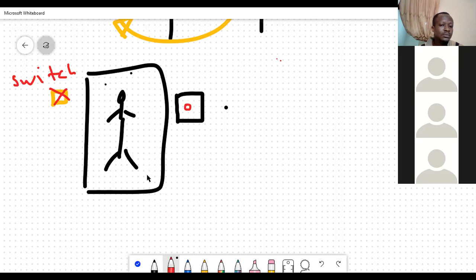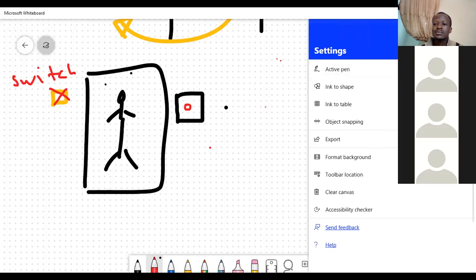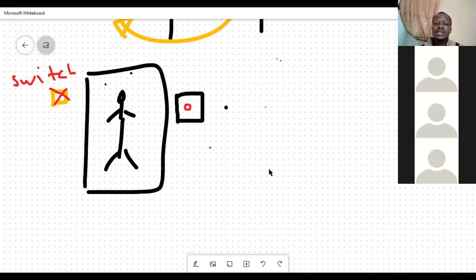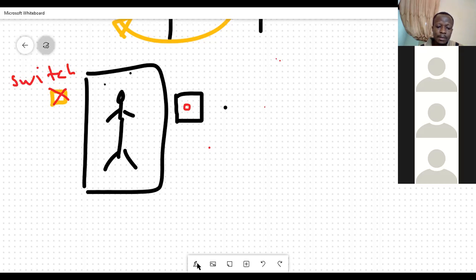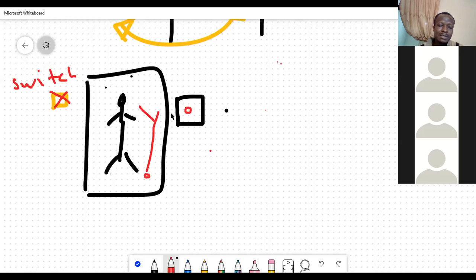You know that is where your switch is always. So no matter the situation, even though it's dark, as soon as you stretch your hand, you know that this is where the switch is. But because your head is facing down, you expect it to be on your right, but it won't be there.